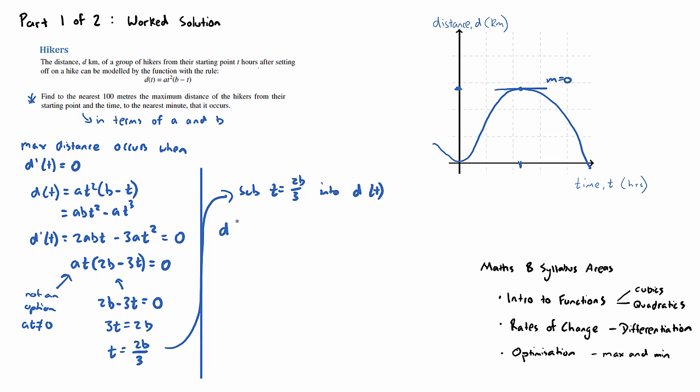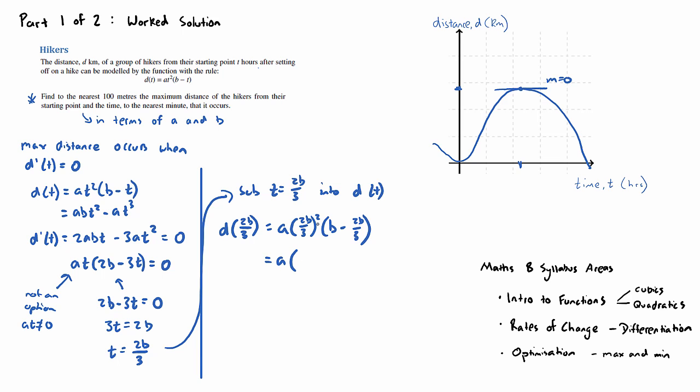So d of 2b on 3 is equal to a times 2b on 3 all squared, and then b minus 2b on 3. Now we just need to go ahead and use some algebra here and present this in a nice final answer. This is an answer here, but I want to give it in a cleaner form. So let's go ahead and do that.